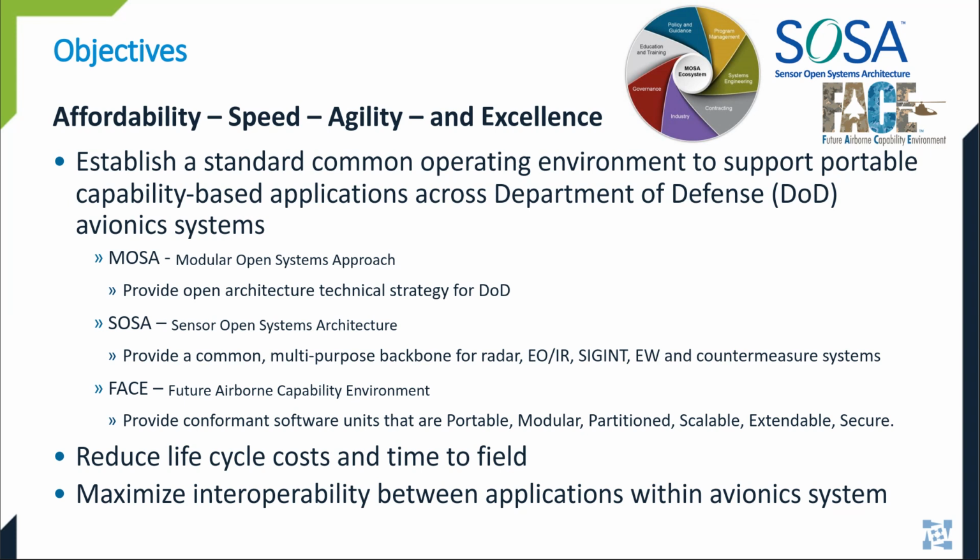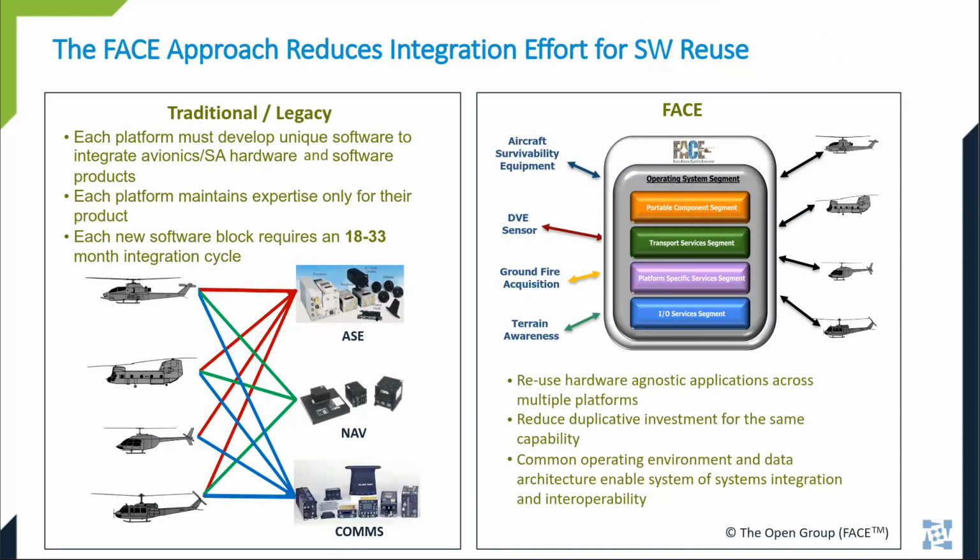I like visuals, so in my next slide, we can actually see the evolution of this architecture. Now, on the left-hand side, we see the individual set of aircraft or platforms. Again, remember Arthur talked about all of these different types of airplanes, and I'll refer to them as platforms.